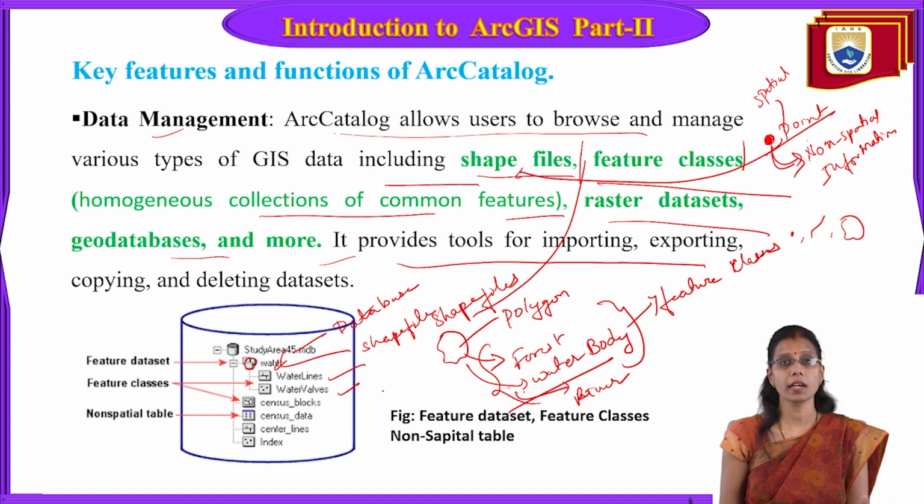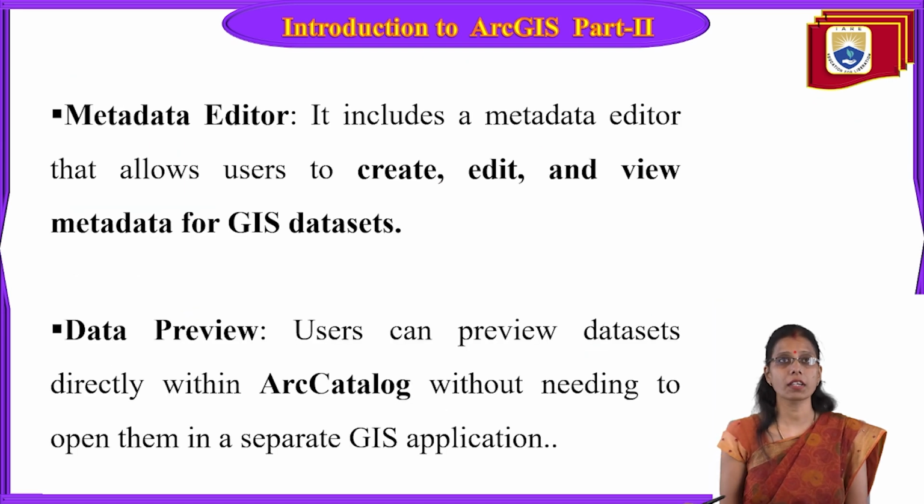So we can create as many features under this shapefile. That is called feature classes. And later, the non-spatial table, which is the non-spatial data. We can also call it attribute information. So this is how the data is managed in the ARC catalog.